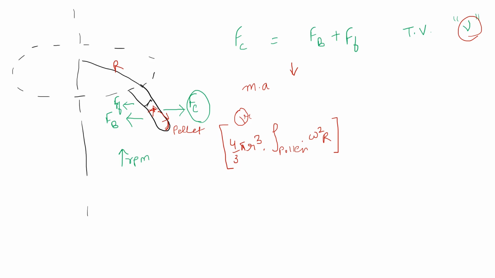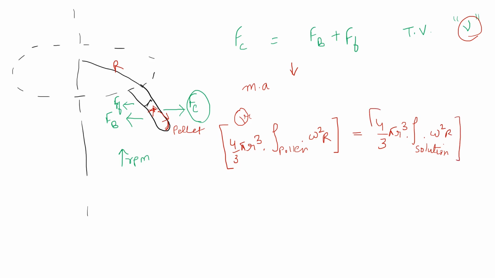This is the centrifugal force, which is equal to the buoyant force, which again is given by the volume of the solution that is replaced, that is 4 by 3 pi r cube, into the density of the solvent or the solution, which is the honey solution, into the angular acceleration.